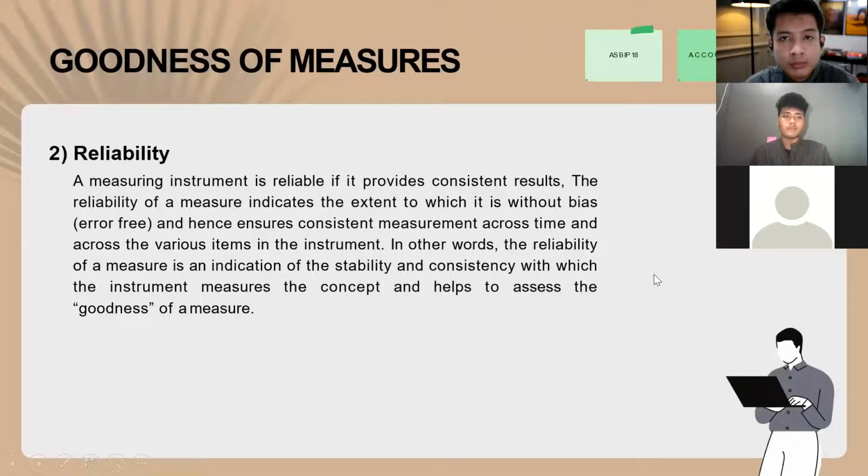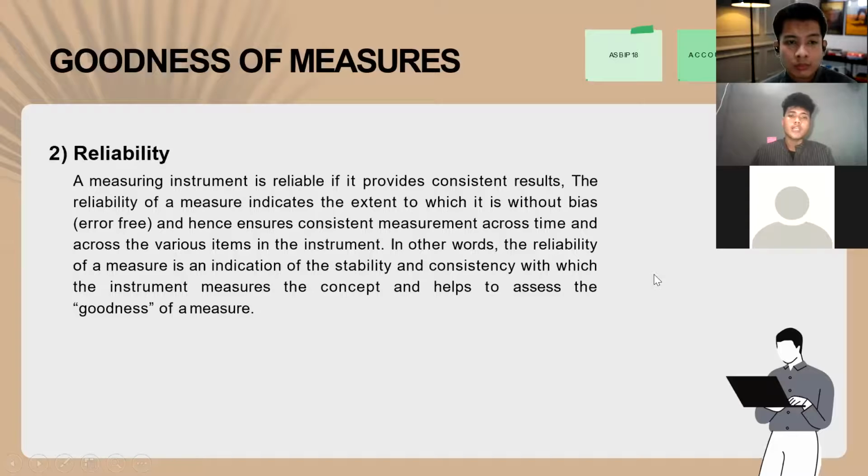Next. Okay, and the second is reliability. A measuring instrument is reliable if it provides a consistent result. The reliability of a measure indicates the extent to which it is without bias or error-free, and hence ensures consistent measurement across time and across the various items in the instrument.